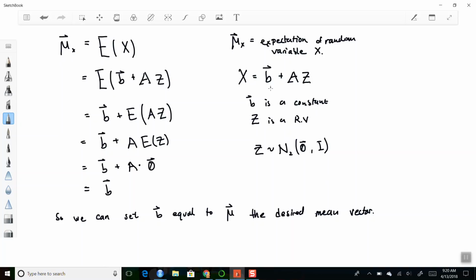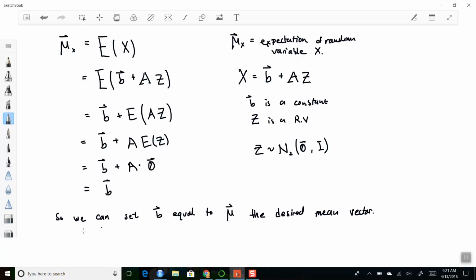But we're going to say x is b plus a times z, and we ask, what's the expectation of this thing? The expectation of this thing ends up to be b, and so if we desire to have a different x variable with this mean mu, we would set b equal to this thing, and that will ensure that the mean of this variable x defined this way will have this mean vector. So that mu vector is the mean vector for x. It ends up that way, right?